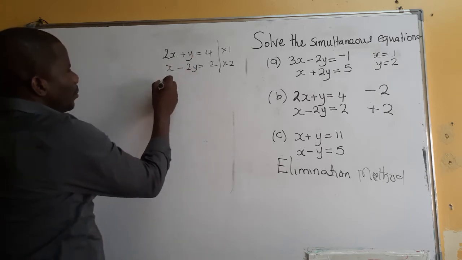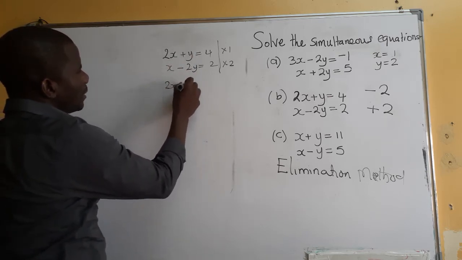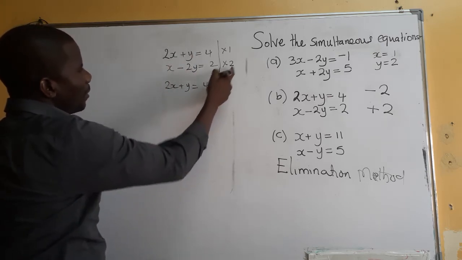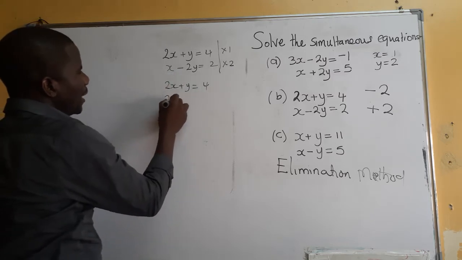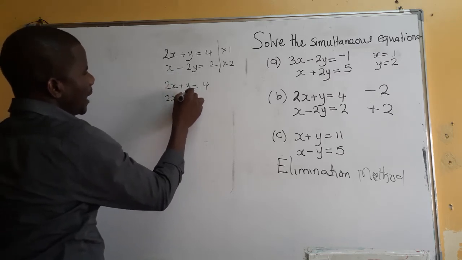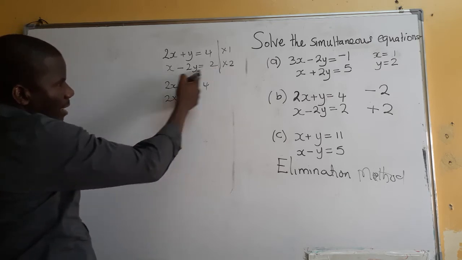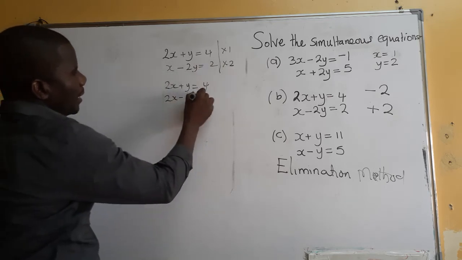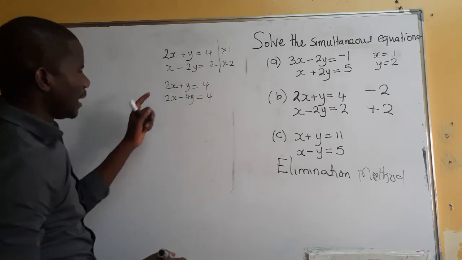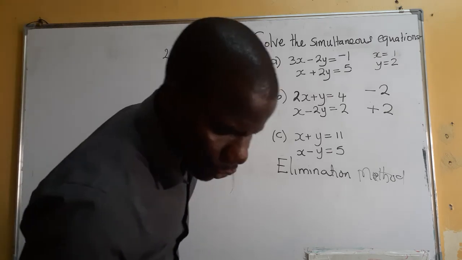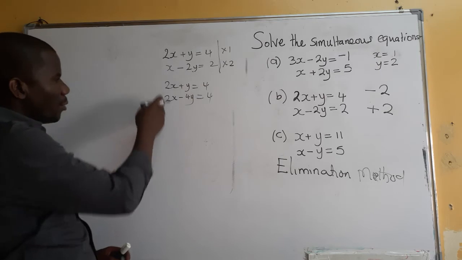So the first one will still be 2x plus y is equal to 4. Then this one will be 2x minus 4y, you are multiplying everything by 2, is equal to 4. Then at this point we have achieved what I told you, that we have the same coefficient.